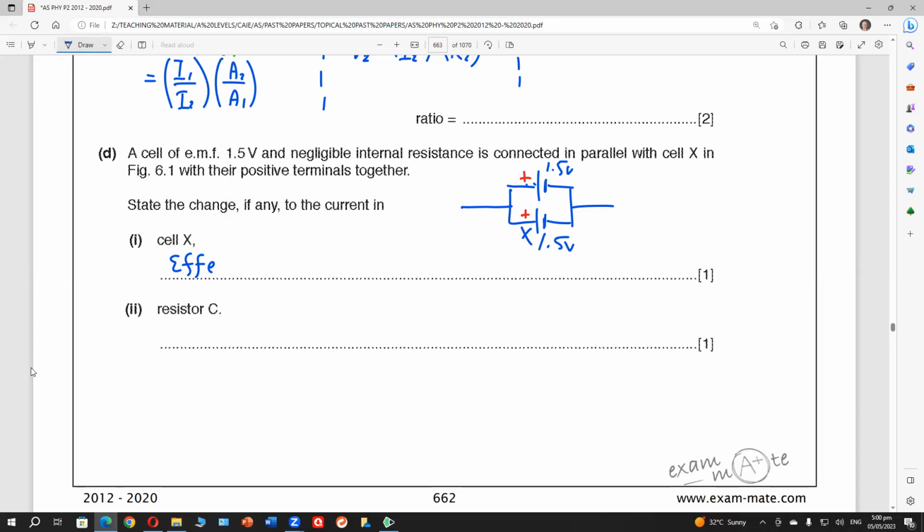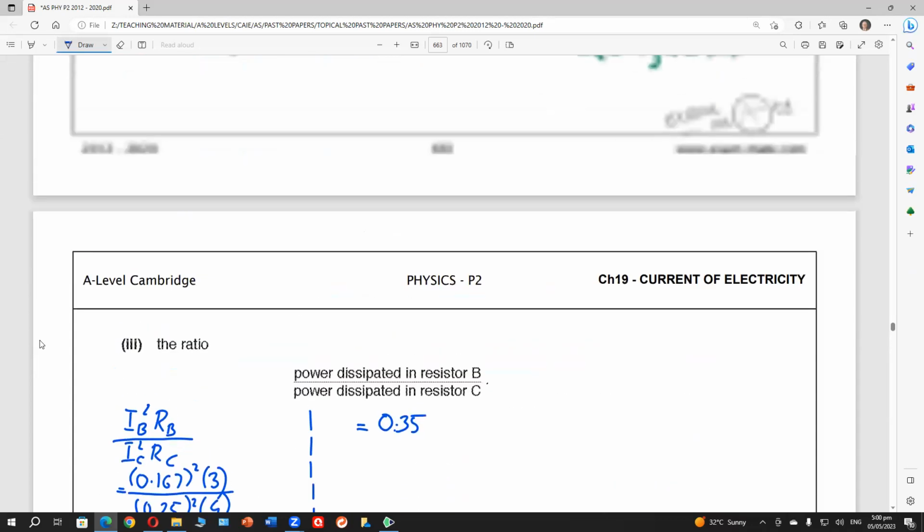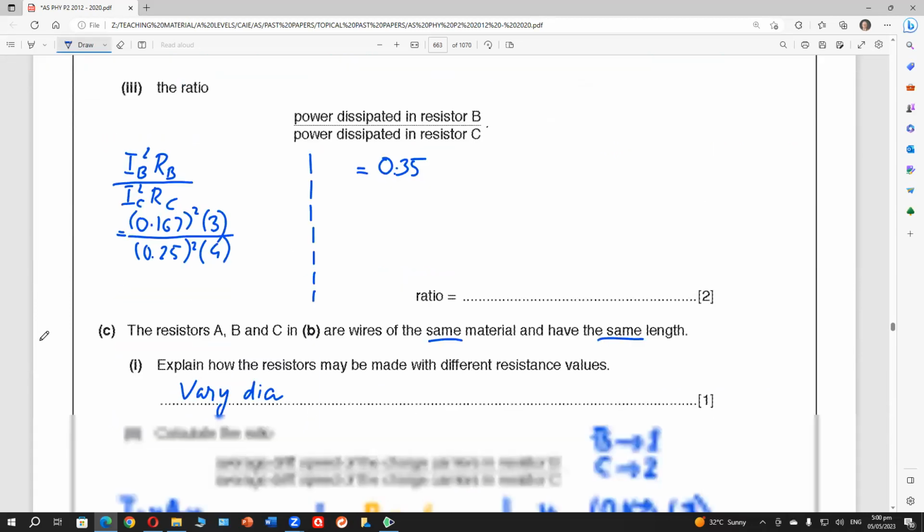This is a point because he's specifically asking for cell X. So what will happen to one cell? Because of the two positives, we have to see what our total current was. That was 0.25.